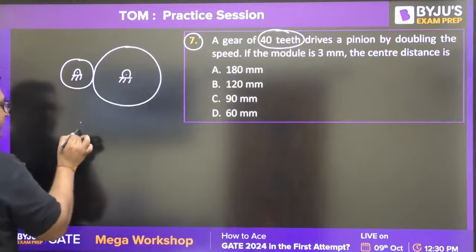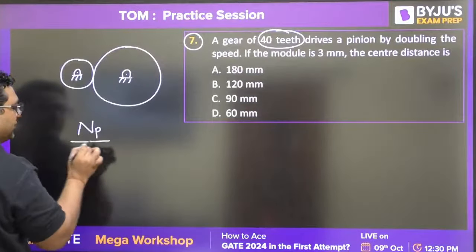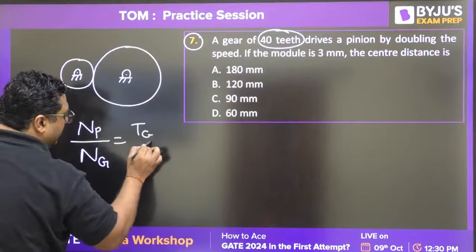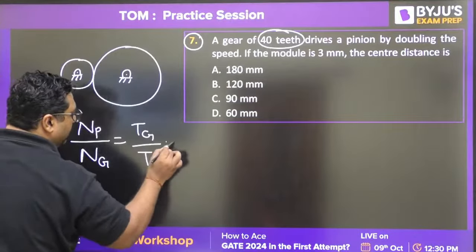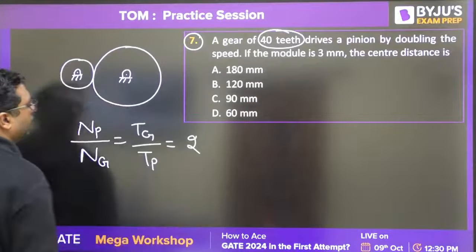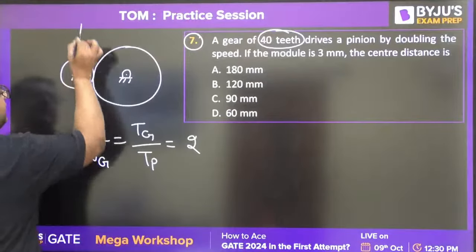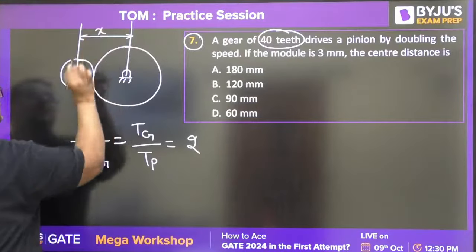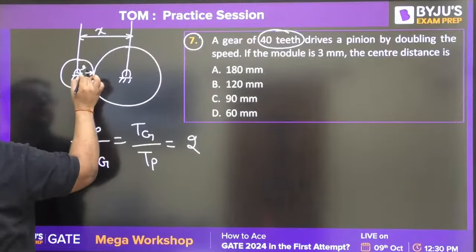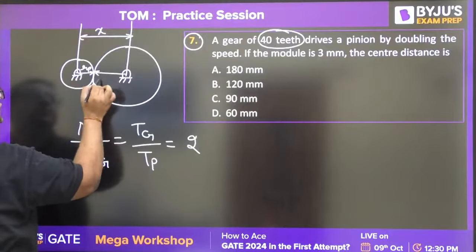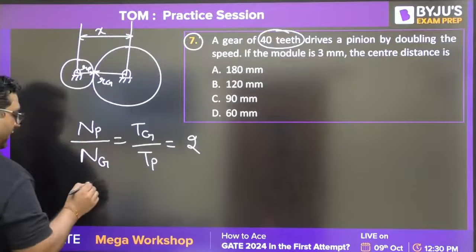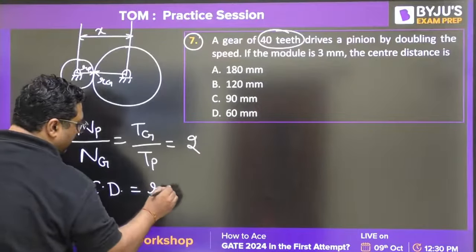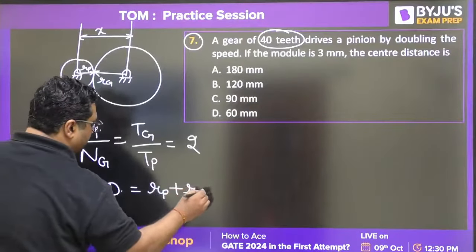It means the speed of pinion to the speed of gear equals teeth in gear to the teeth in pinion, which is equal to 2. You need to find out this center distance. You know this center distance is nothing but radius of pinion plus radius of gear.